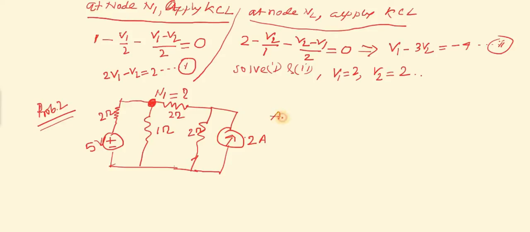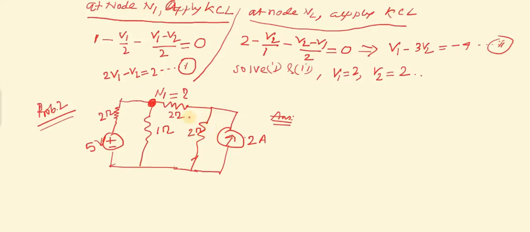Once again, in this circuit, you see that here is a voltage source. This is a current source, and with this current source a parallel resistance of 2 ohm is there.